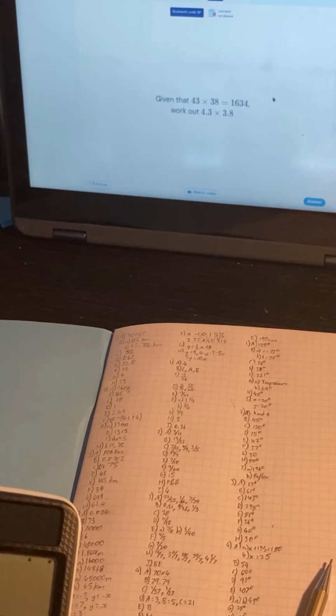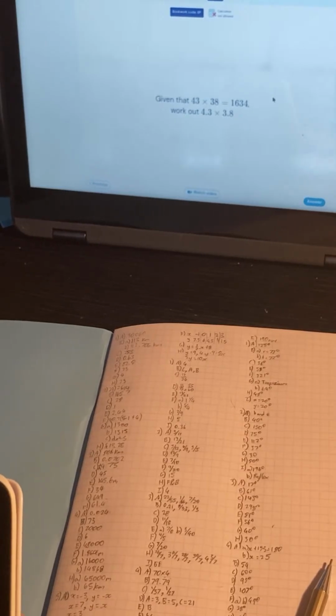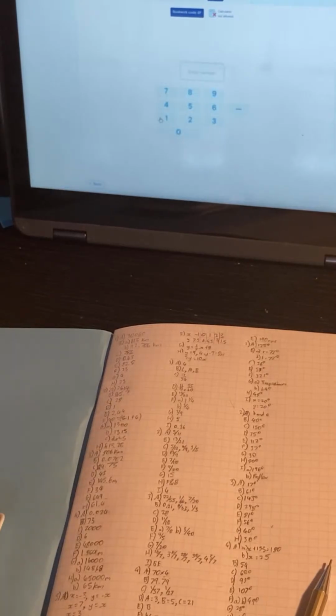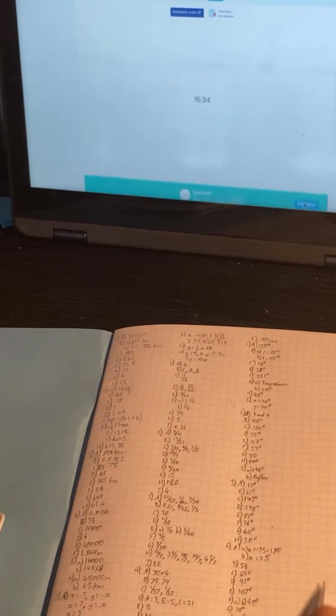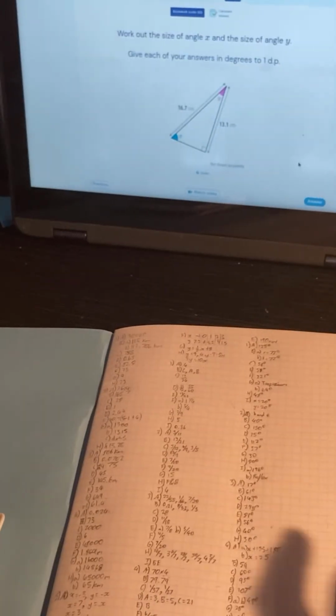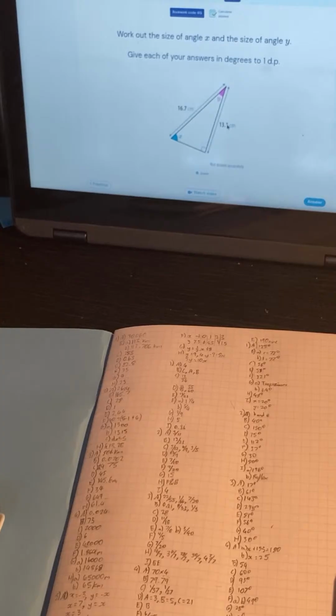Except for the... Oh, okay. 16.34. Right, that's just unlucky. It could have chosen any other question. Right, let's see what my bookmark looks like for that one then. Adjacent over... No, adjacent hypotenuse.